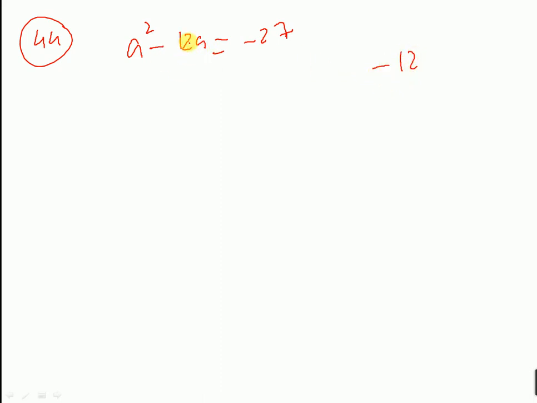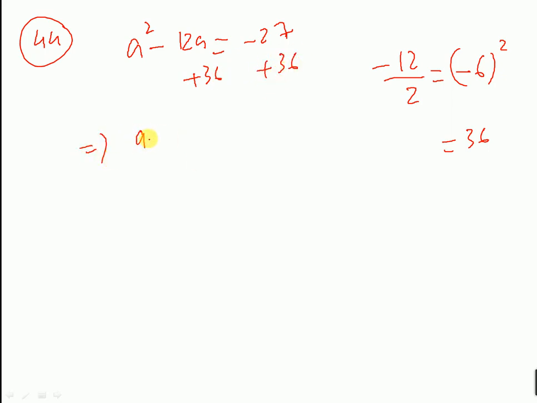The middle term. I take the coefficient of the middle term, which is minus 12. I divide that by 2, which is minus 6. I square that, which is 36. Now I add 36 to both sides. I add 36 here, add 36 here.